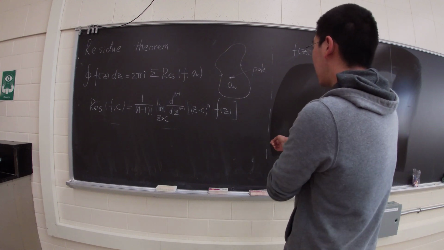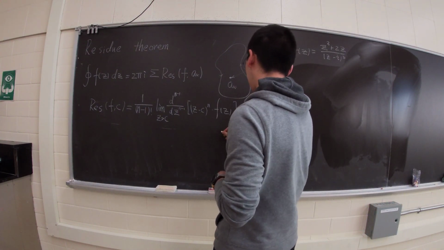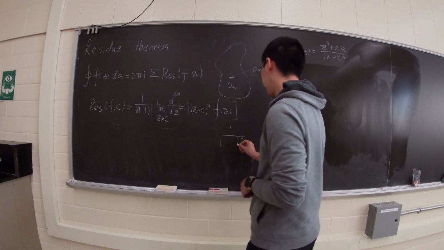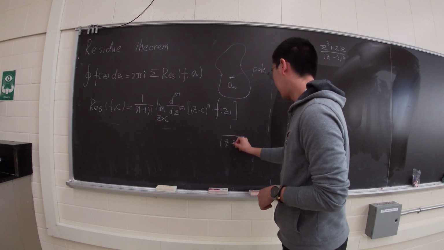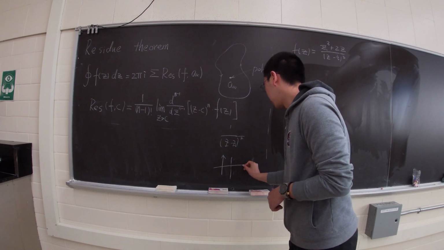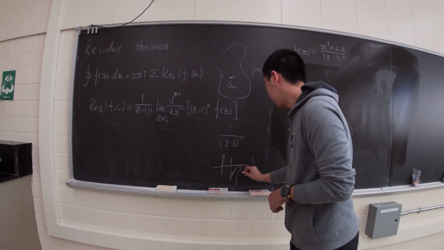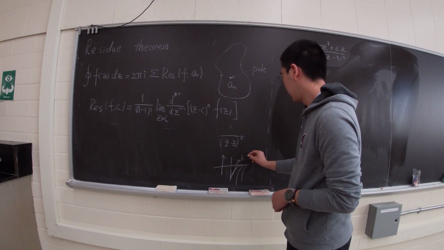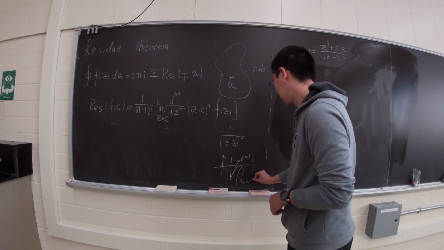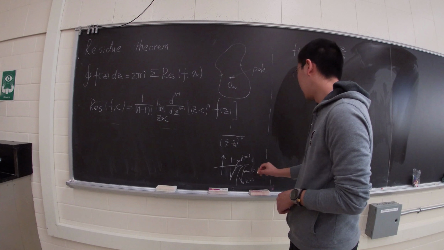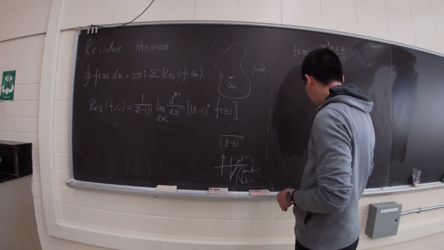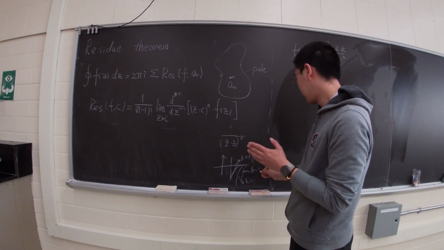Basically, the order of the pole describes how fast the function goes to infinity near it, so the bigger the k is, the faster it blows up.